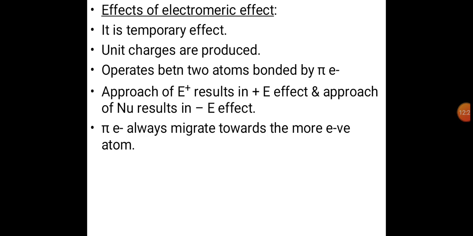So, approach of an electrophile results in a positive electromeric effect, and the approach of the attacking reagent, that is a nucleophile, always results in the negative electromeric effect. Thus, pi electrons always migrate towards the more electronegative atom. So, I repeat, pi electrons always migrate towards the more electronegative atom.